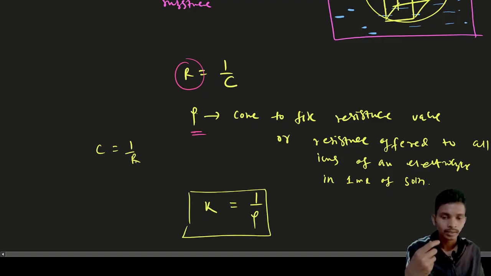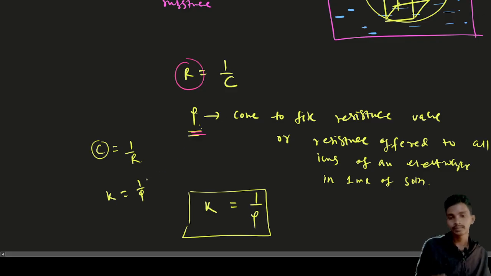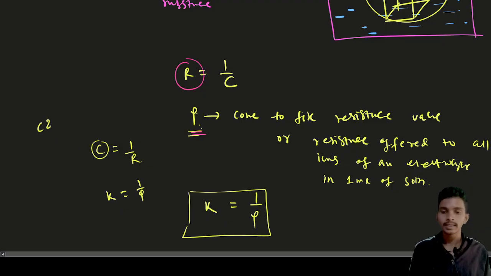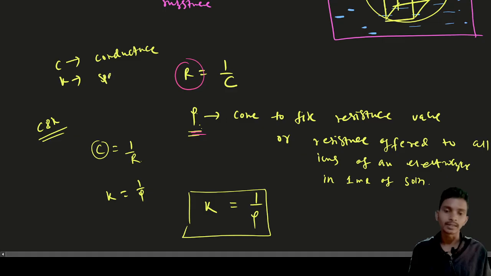So to fix this resistance, specific resistance came. To fix this conductance also, a specific conductance came, that is again 1 by this value. Okay, so C and kappa are similar terms. C is conductance and kappa is specific conductance.